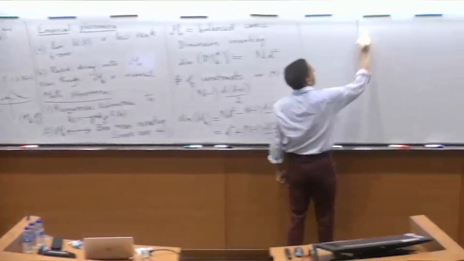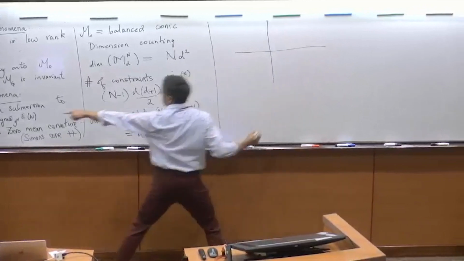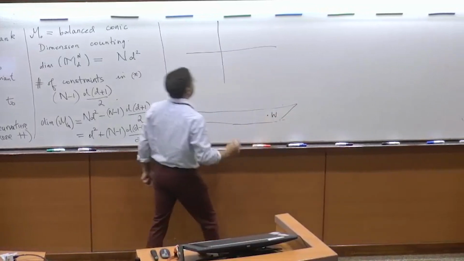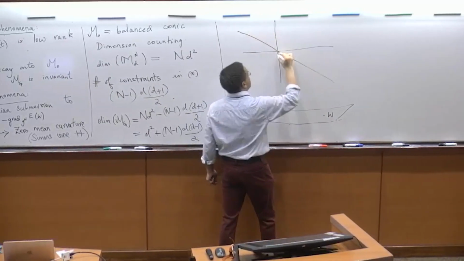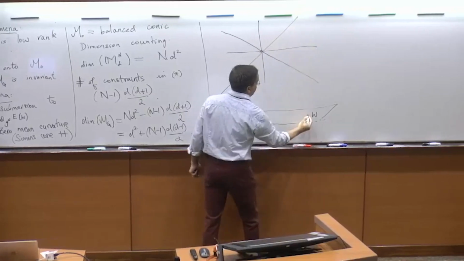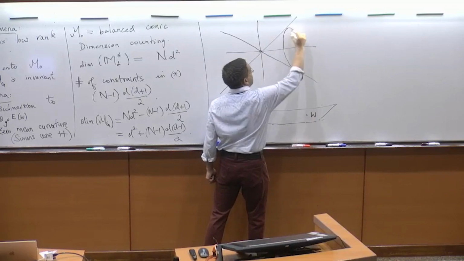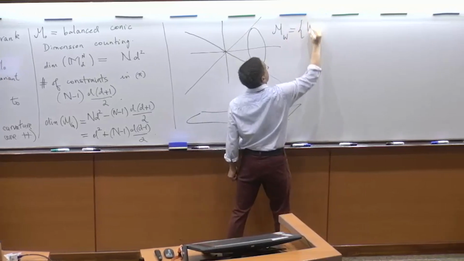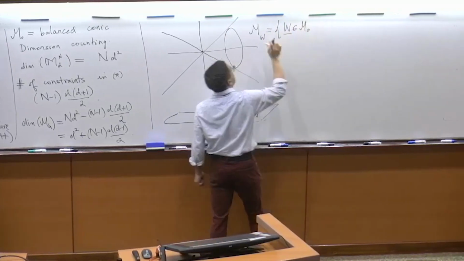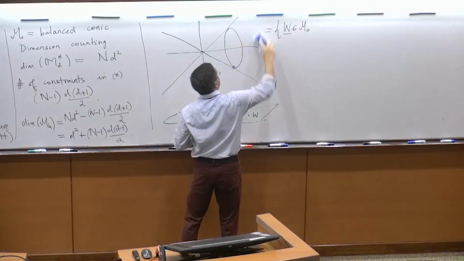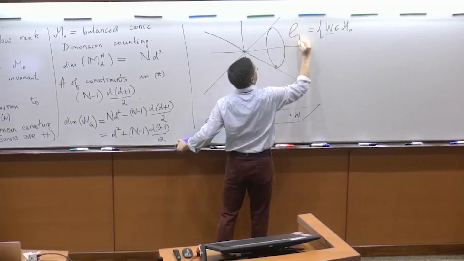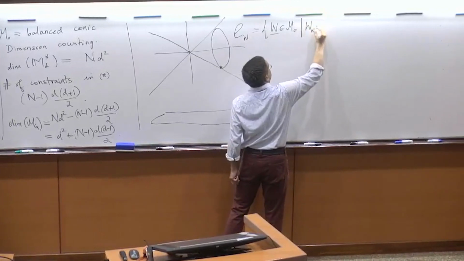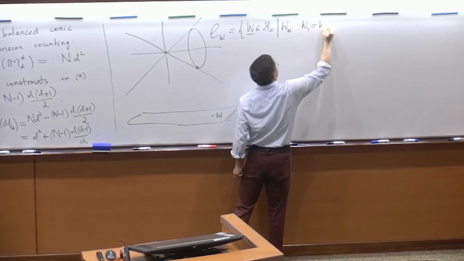So let me make a picture over here, again, of the Riemannian submersion. I'm going to fix a matrix W over here. And associated with the matrix W, let's call it C_W: the set of W belonging to M_0 such that W_N through W_1 is equal to this guy.